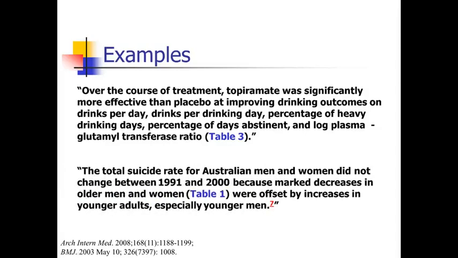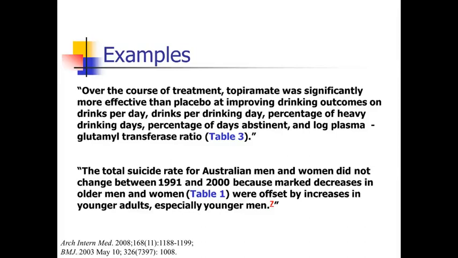Here's another example. This one says the total suicide rate for Australian men and women did not change between 1991 and 2000 because marked decreases in older men and women were offset by increases in younger adults, especially younger men. You can imagine that what's in that table is just a list of the suicide rates from 1991 to 2000, maybe broken down by overall, gender and age.